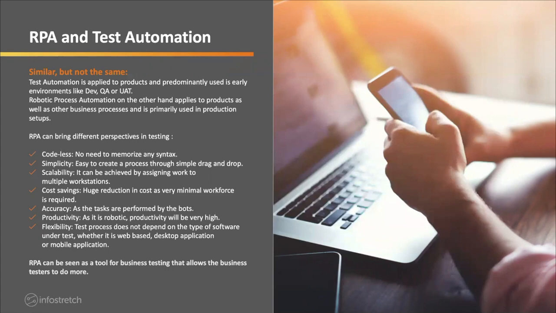Again, I'm going to go back to the same thing: accuracy, more audit capability, compliance. These are some important things that RPA can bring to your testing process, if you augment RPA with your testing process.